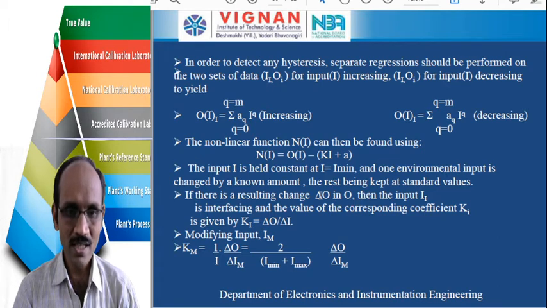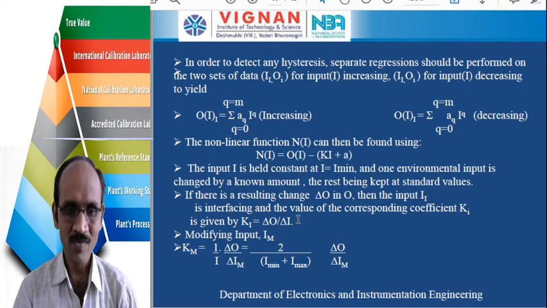In the pressure transducer, we keep the input pressure constant. Even though the input pressure is constant, we get some changes in the output value. The changes in the output value are due to the change in the environmental temperature. Then we note the ratio of the change in output to the change in temperature.